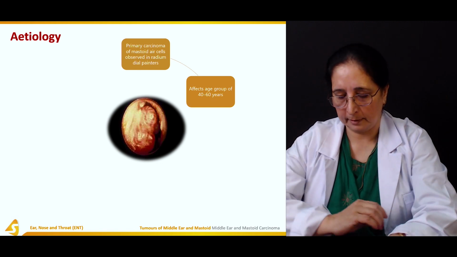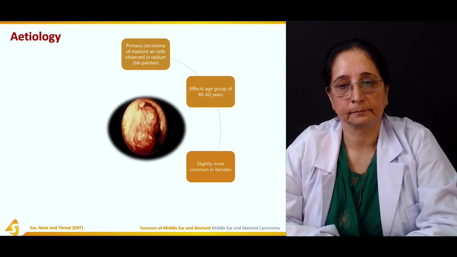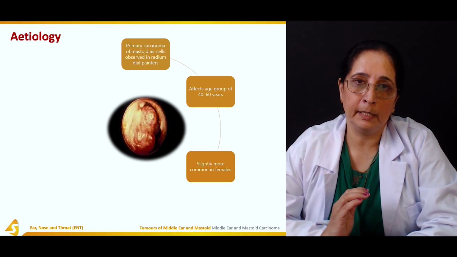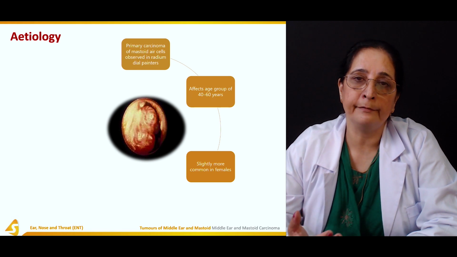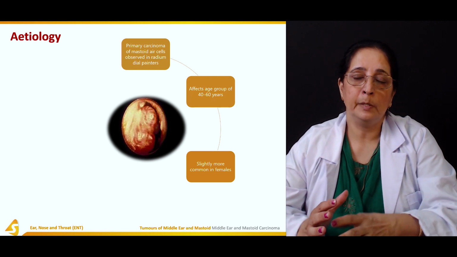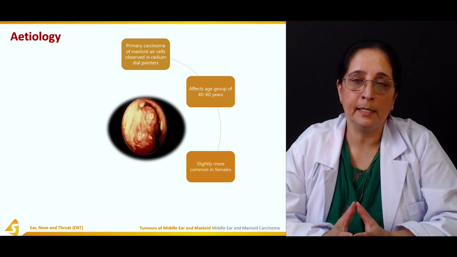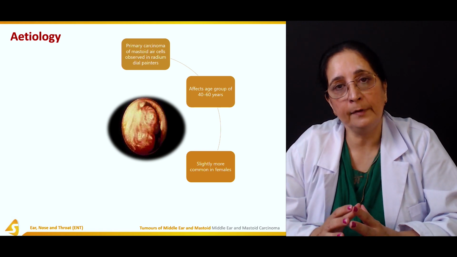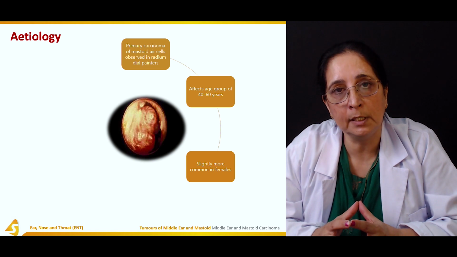Middle ear neoplasm is slightly more common in females. The glomus tumor was common in females also. So the primary tumors of the middle ear and mastoid are more common in females as compared to the males.